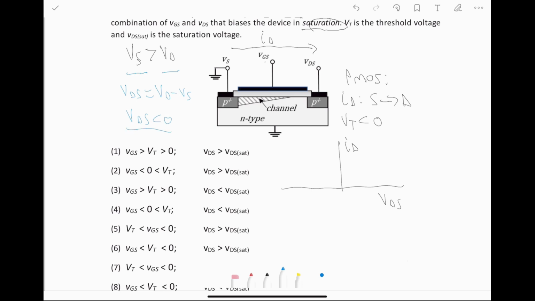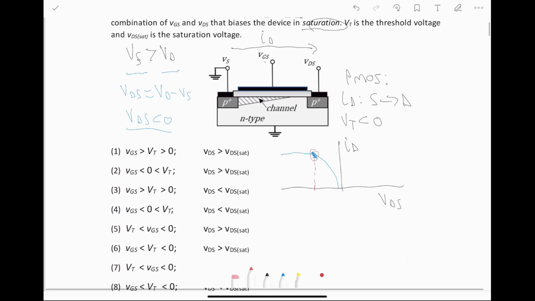The reason I over-explain that is because we're going to be putting this graph in the left quadrant. So, same IV curve shape, but it's in the left quadrant now because we're looking at VDS. If we were looking at VSD, then we would be in this quadrant, but we're not. And a lot of getting these questions right is about not making mistakes with the notation.